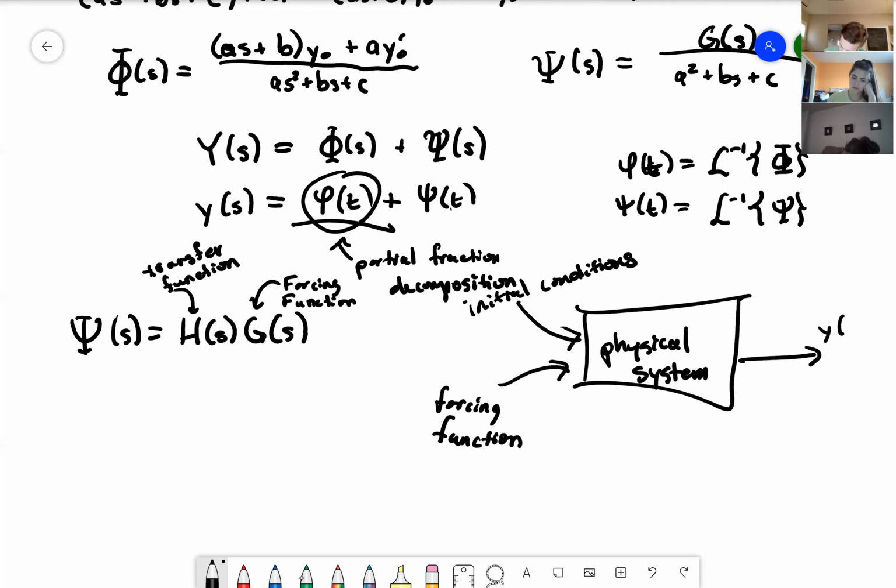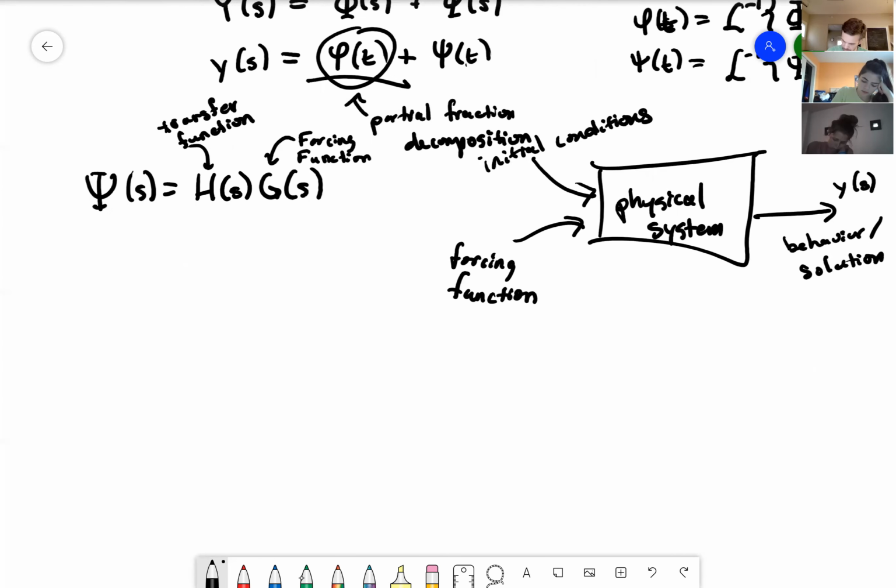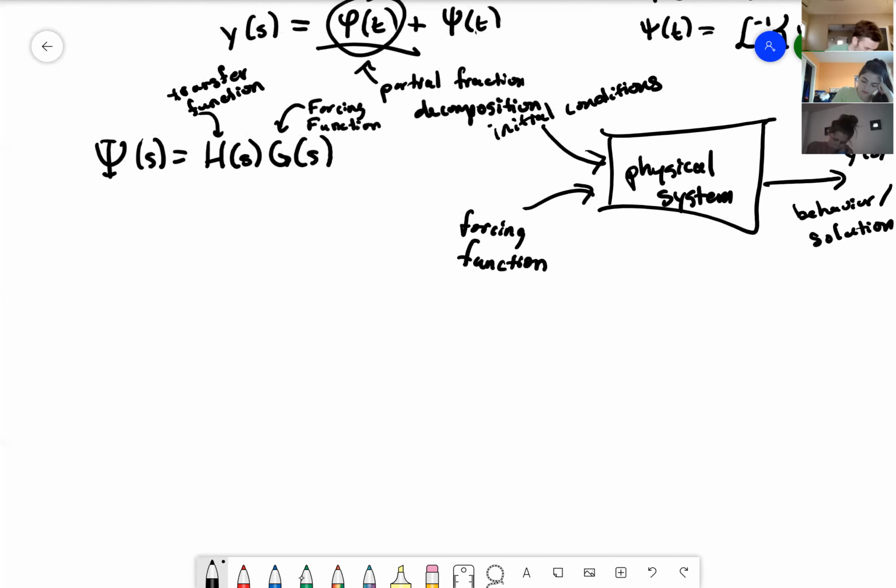And what comes out is the little y of t, the behavior or the solution of the physical system. These are sometimes called input-output systems. Somehow our physical system transforms the stuff that we're putting in into a solution. And so understanding the physical system gives us an understanding of the solutions.